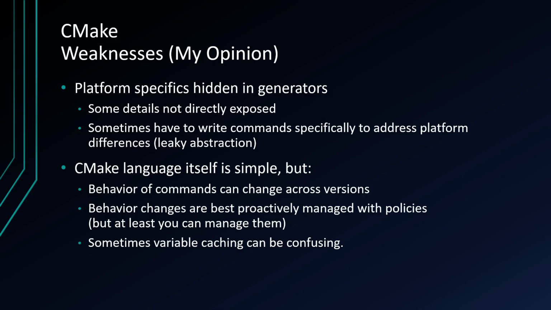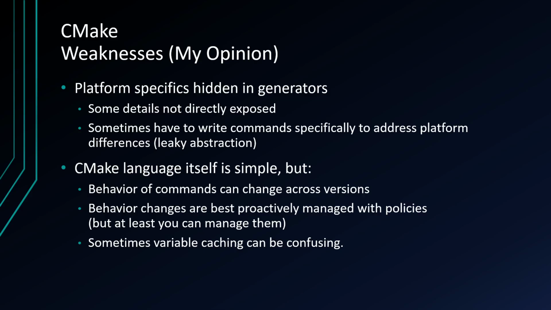So CMake, like anything, has strengths and weaknesses. Again, this is just my opinion. I think sometimes the platform-specific details of a generator are kind of hidden down in the implementation of the generator, and so sometimes it's a little bit difficult to figure out how to do something.